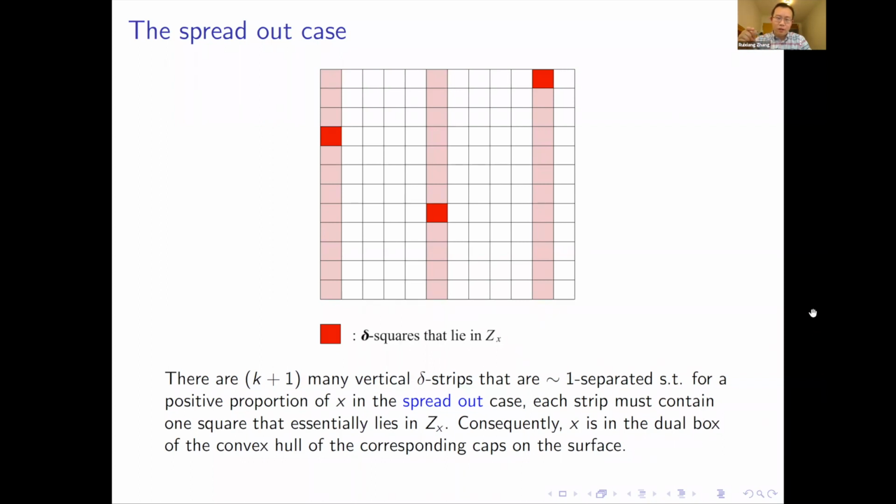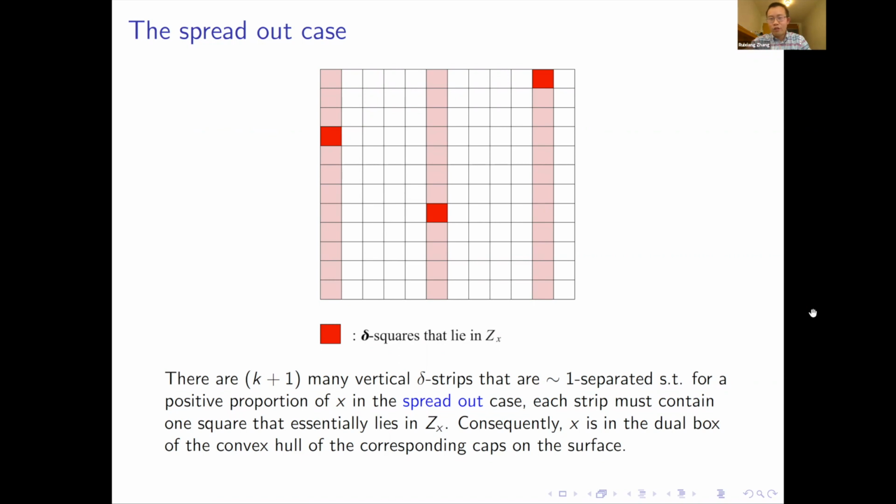It's a subset in R2, and it morally consists of delta squares. Now, the conclusion is that for a lot of x, each strip that we fixed must contain one square, shown in red, that's in our stationary set.